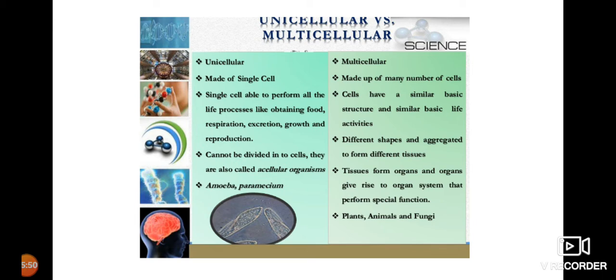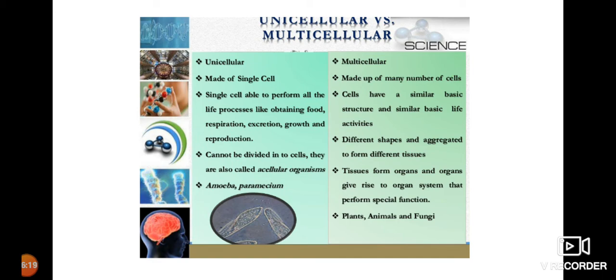Now, the single cell is able to perform all the life processes in case of a unicellular organism, whereas in a multicellular organism, there are different cells for different activities. Now, unicellular organisms cannot be divided into cells, so they are called acellular organisms.